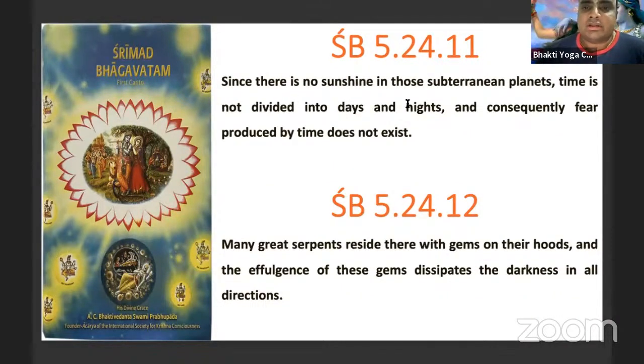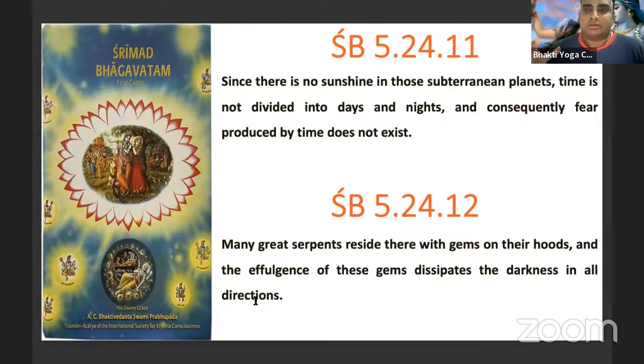Since there's no sunshine in those subterranean planets, time is not divided into days and nights, and consequently, fear produced by time does not exist. Many great serpents reside there with gems on their hoods, and the effulgence of these gems dissipates the darkness in all directions.